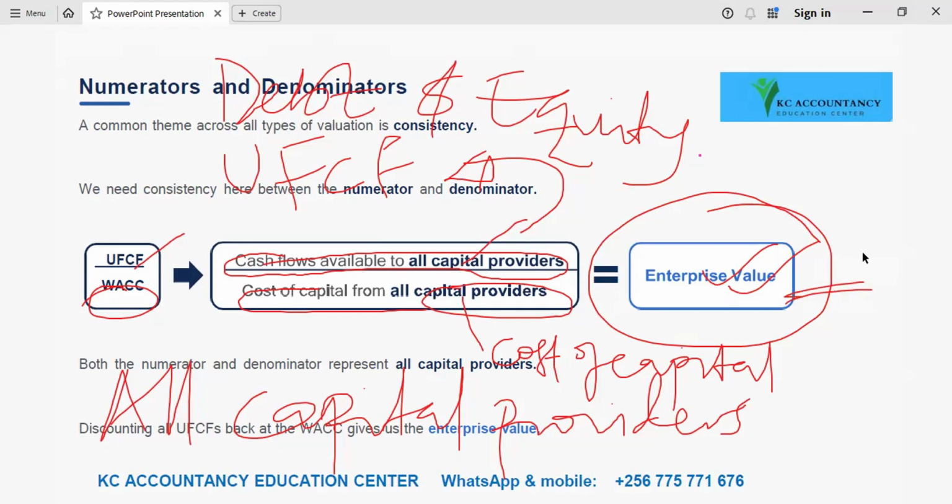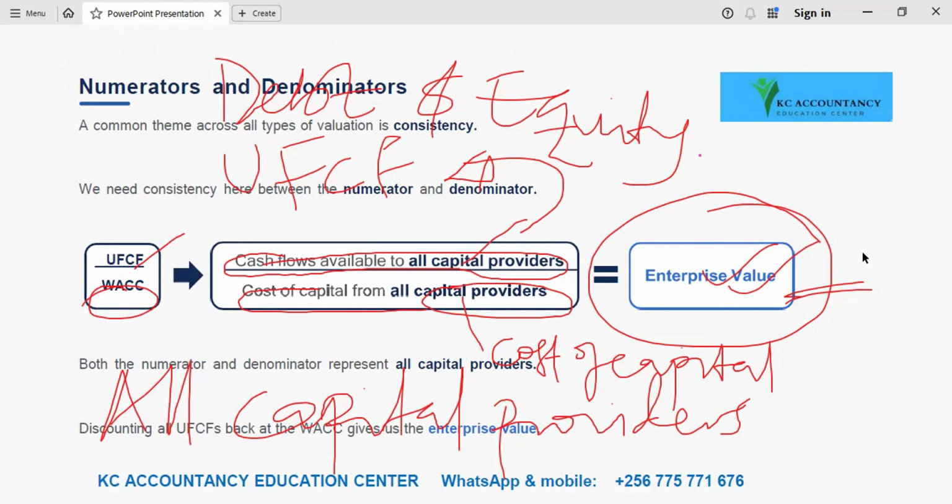That is the enterprise value, in other words, the value of the business. So now we understand how to pair up these cash flows with the correct discount rates in order to get the enterprise value.